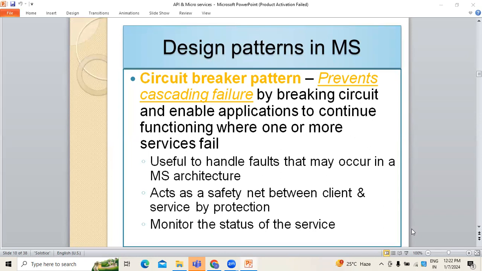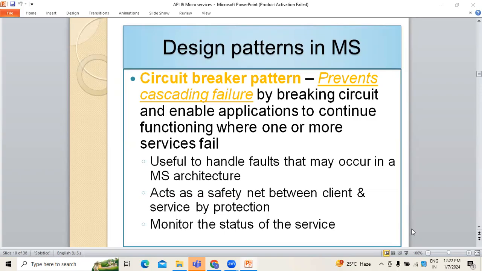So whenever we are working on the design pattern called circuit breaker pattern, it is majorly used to prevent cascading failures, wherein we are enabling applications to continue, because some applications and functionalities, when we are developing the business logic, are a continuous process, because requirements we used to get at regular intervals, there are some constant changes to be made into the existing functionalities, right? So that is something we have to deal with, right?